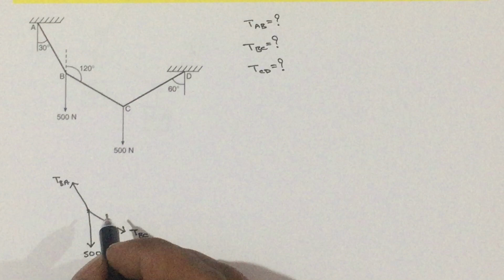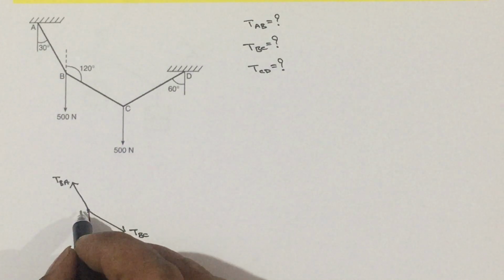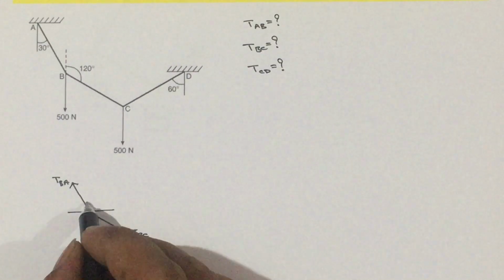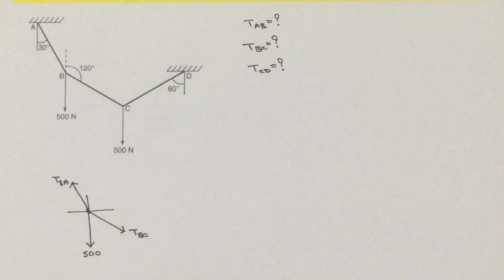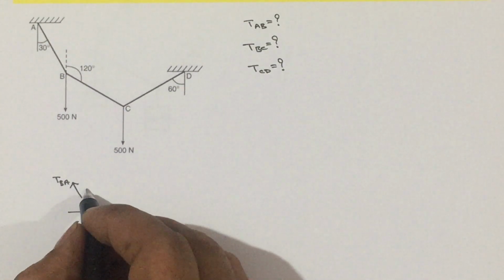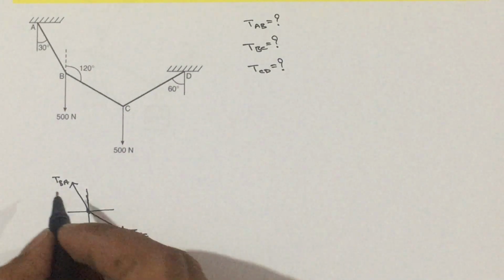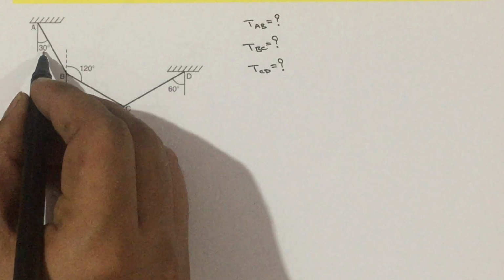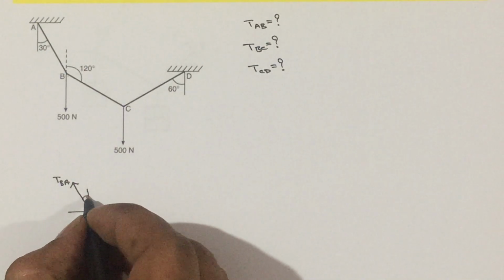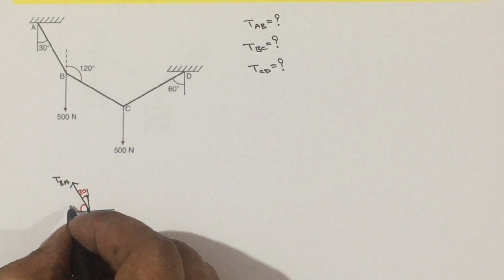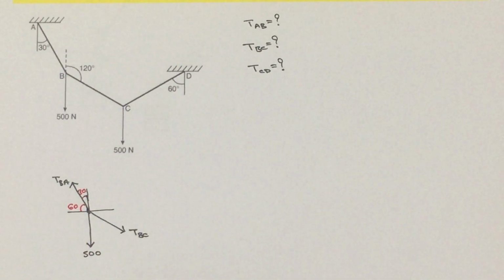Finally, what we need? Angles. For that, draw a plus mark. Now, write the angles. This BA line is making 30 with respect to vertical, therefore with respect to horizontal it will become 60.